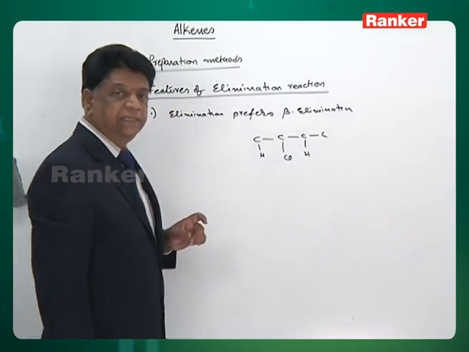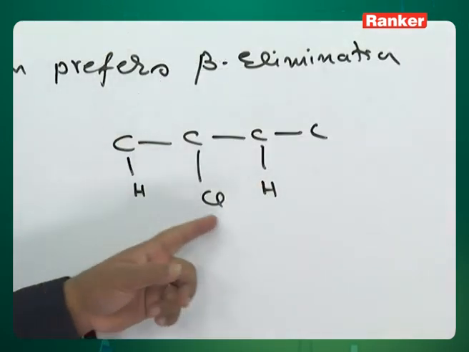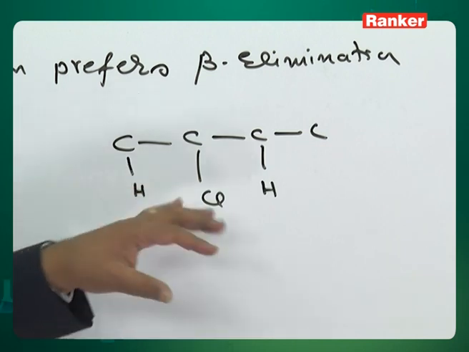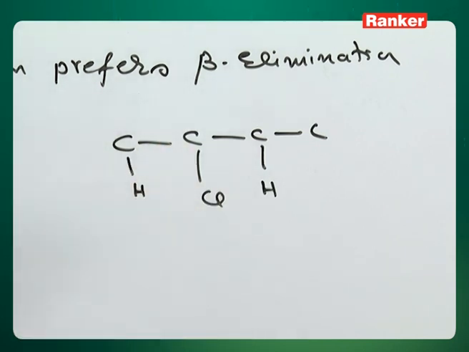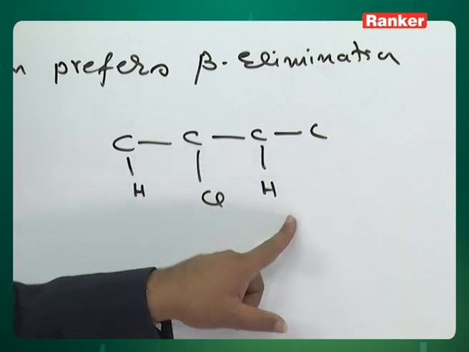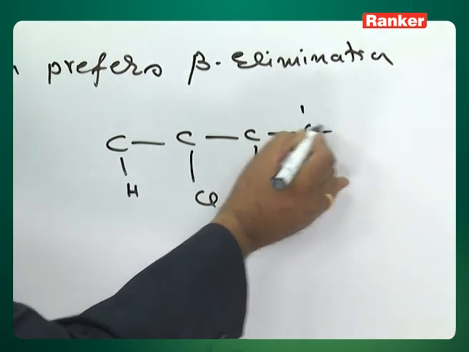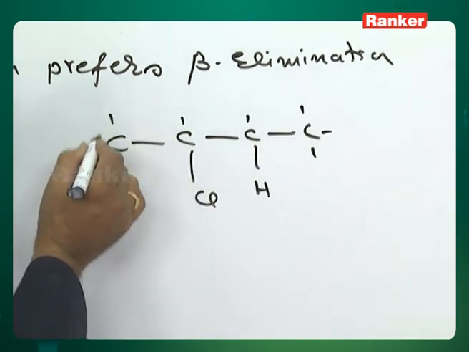In the previous case, if it is ethyl chloride, H and Cl are fixed. So, therefore, HCl will go, ethylene will come. But now this Cl is going out, it can take the hydrogen either from this side or from this side. Under this case, we have some more hydrogens, isn't it?